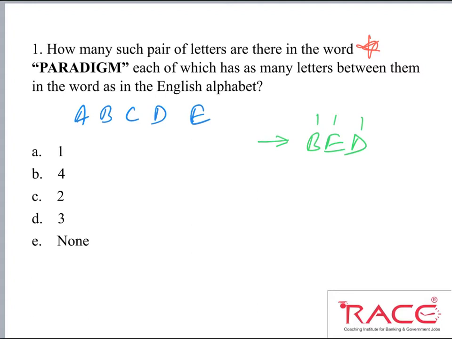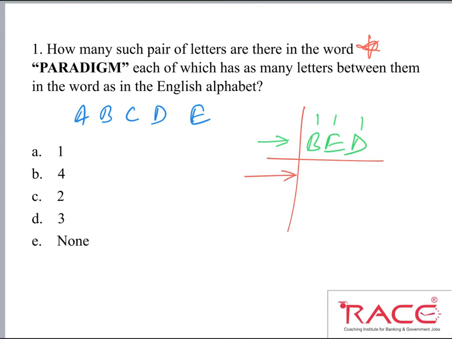So what they are asking is the pair of letters which have the same number of letters between them as they have in the English alphabet series. Now what is the procedure to solve this question? The procedure is, we always start from the left hand. First point, we always start from the left hand. We will start counting.